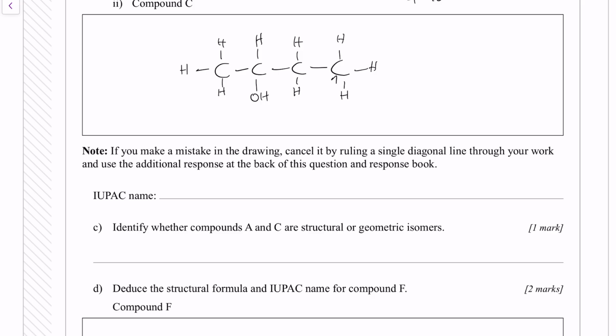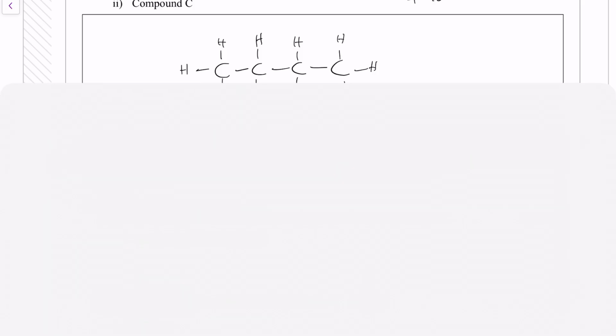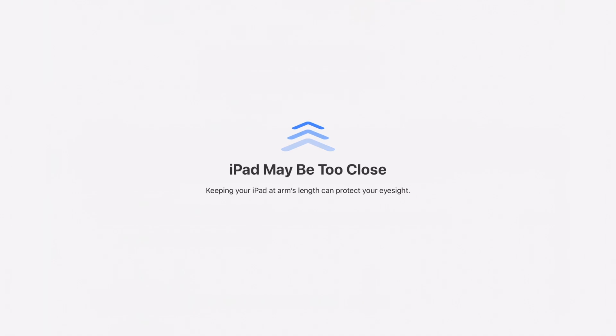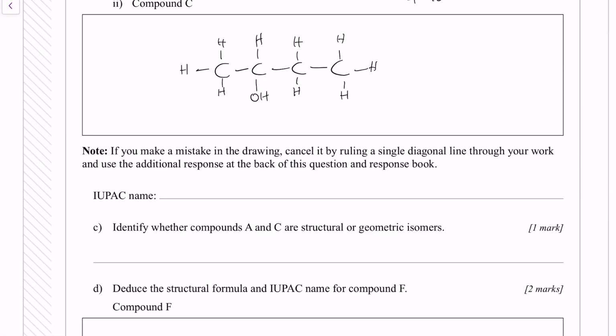So if we go this way, 1, 2, 3, and say that's 3-butanol, that's incorrect, because the rule is to number the carbons in order so that we have the lowest number for our main groups there.